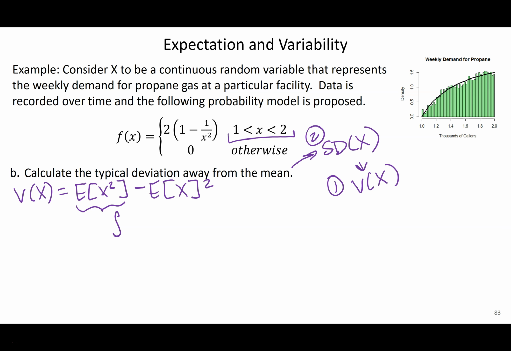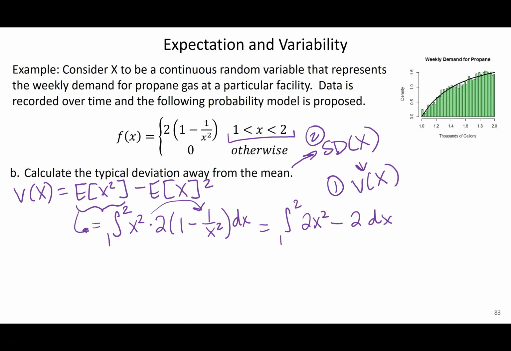So for the sample space from 1 to 2, X squared times 2 times 1 minus 1 over X squared dx. I particularly like this one because you can tell right away things are going to cancel very nicely. So still from 1 to 2, you're going to have yourself a 2x squared minus 2 dx.